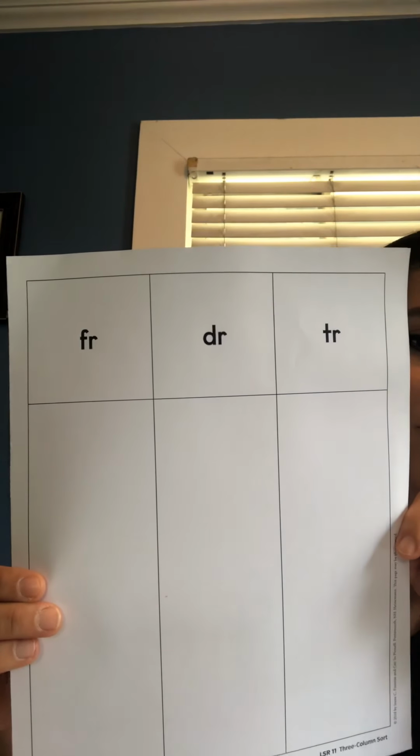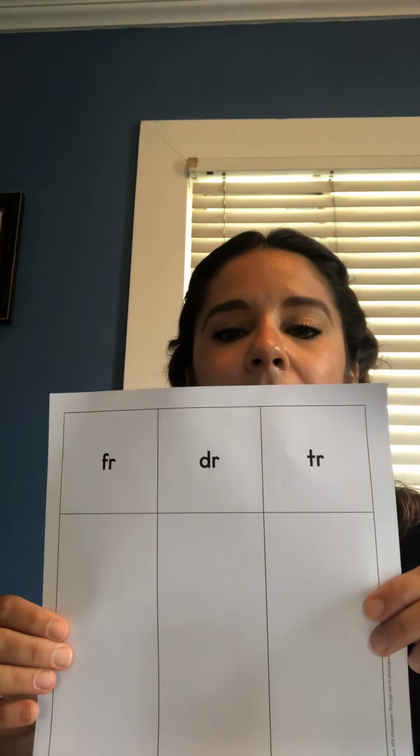Okay, so one thing that you're going to do, I'm going to attach on Google Classroom this word sort, this paper, and this paper. What you're going to do is cut out every single word and sort them in the right category. Okay? If you do not have a printer, that's okay.